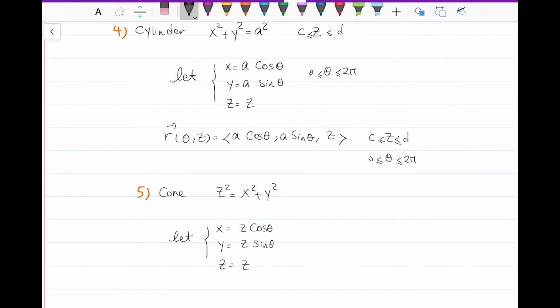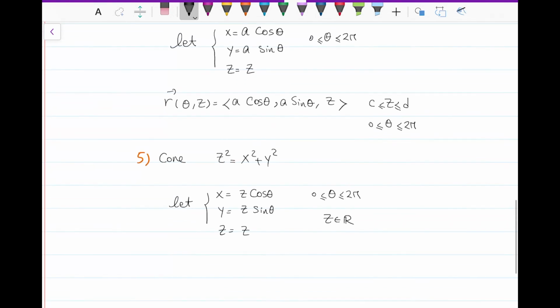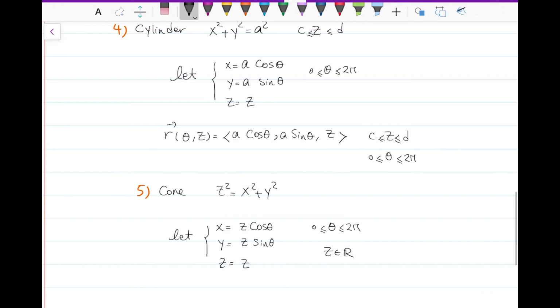Okay, so in that case, theta is between 0 and 2 pi, and z is in R. So r of theta and z would be equal to z cosine theta, z sine theta, and then z. And theta is between 0 and 2 pi, z is in R.